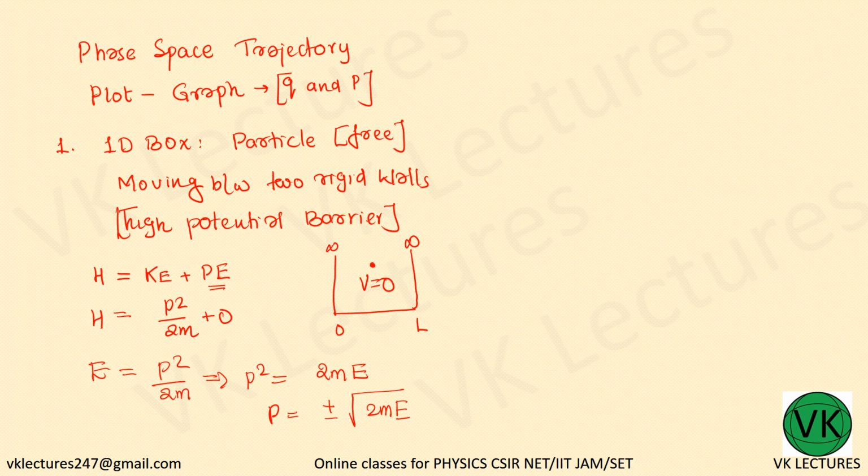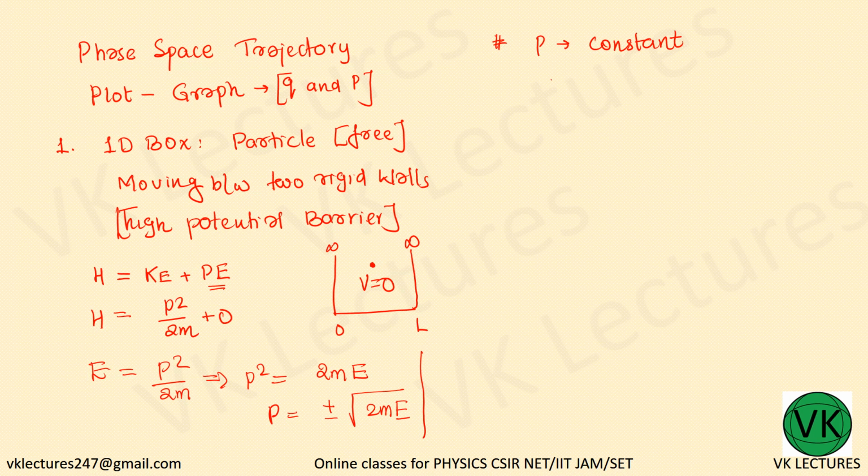Now this indicates that P is constant because 2 and m are constant, and the total energy of the particle remains constant. So we can write P as constant. So how does the trajectory look?